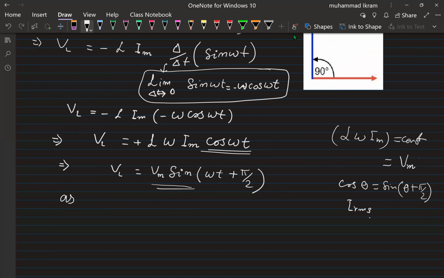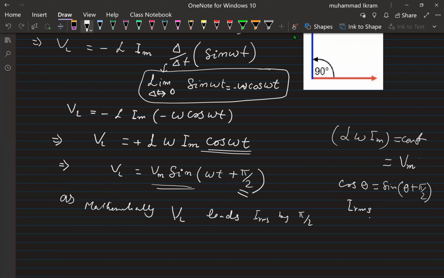So what does this mathematically show? Mathematically, this shows that VL leads I, because Vm is a sinusoidal voltage and it will cause a sinusoidal current. It leads the IRMS by pi by 2, by 90 degree. So that is why I told you that later on I'll be explaining this thing to you.